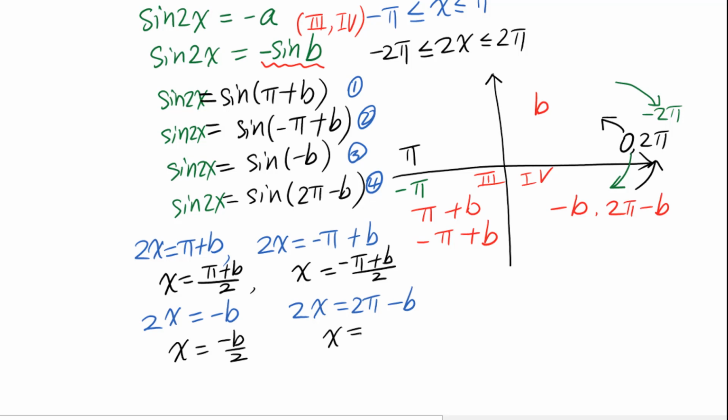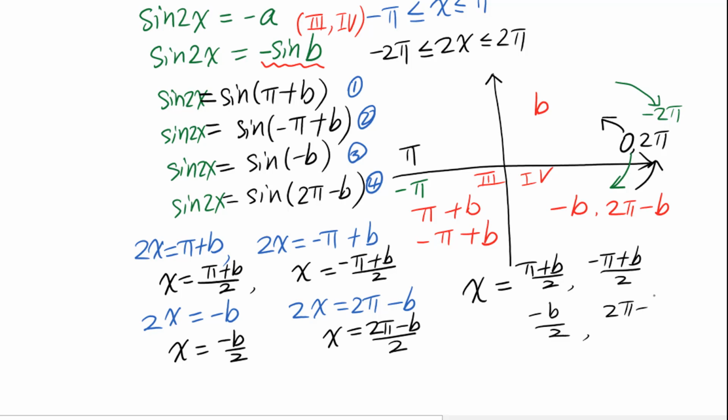From this equation, we get x equals 2 pi minus B over 2. We have 4 solutions: pi plus B over 2, negative pi plus B over 2, negative B over 2, and 2 pi minus B over 2.